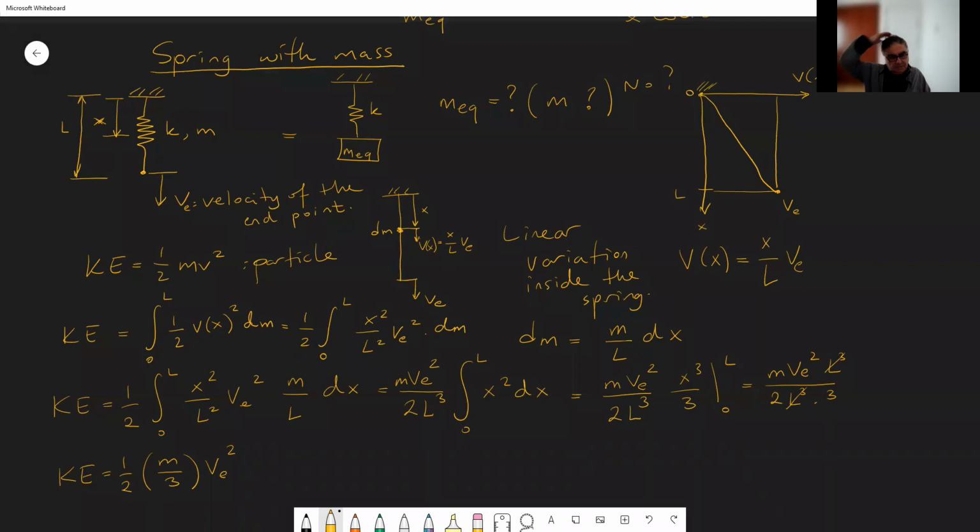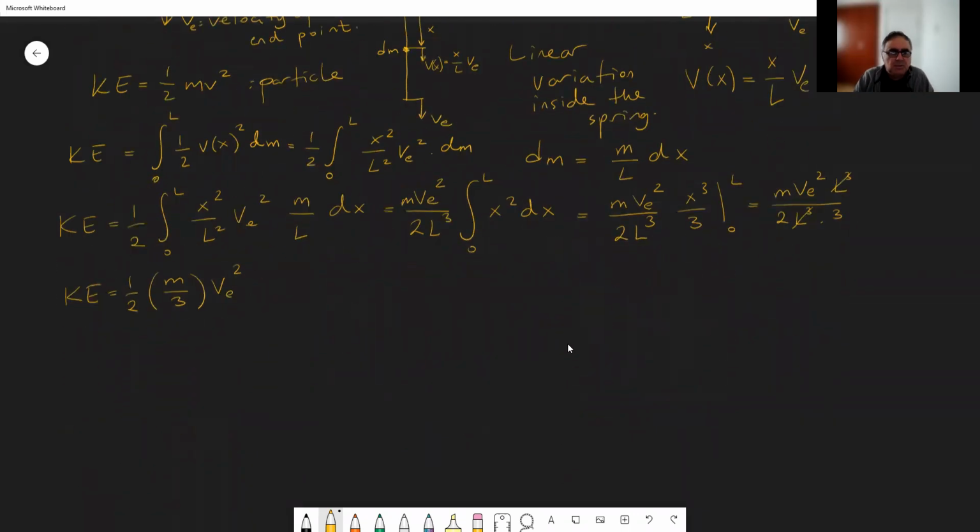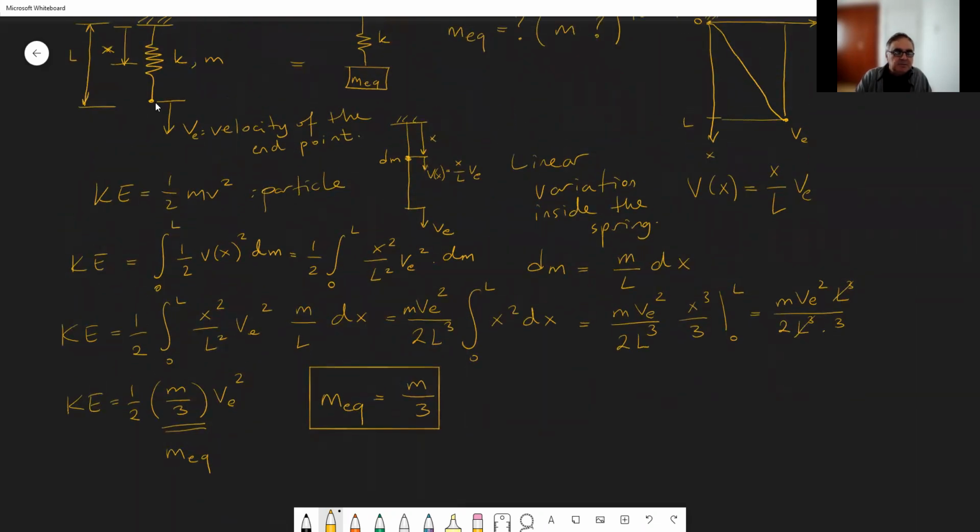It's interesting. As you see, if it were a particle, this would be the equivalent mass. So M equivalent for the spring is simply M over 3. This would be the mass if the mass were concentrated at the bottom.